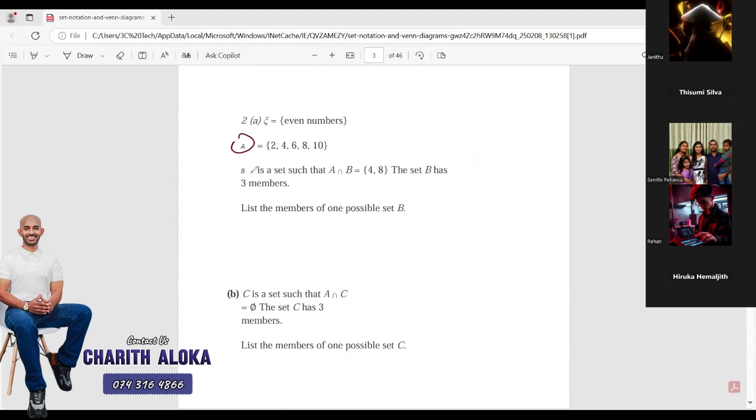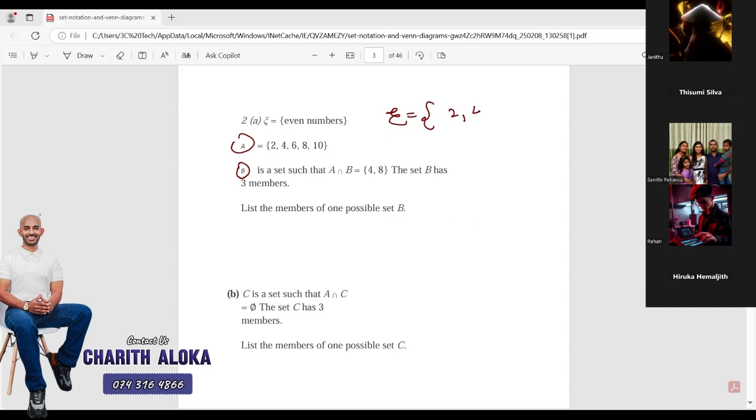Set A is 2, 4, 6, 8, 10. Set B is a set such that A intersect B equals 4, 8. The set B has 3 members. List the members of one possible set B. Then they have given here the universal set, even numbers.